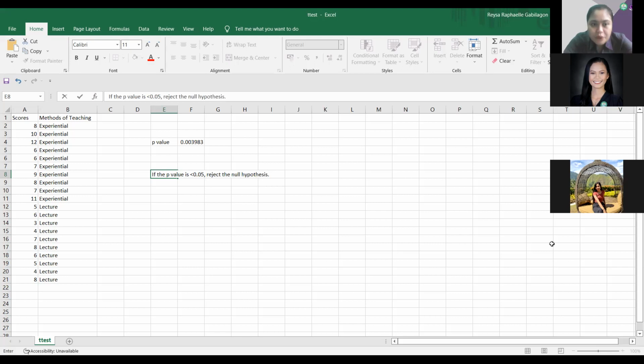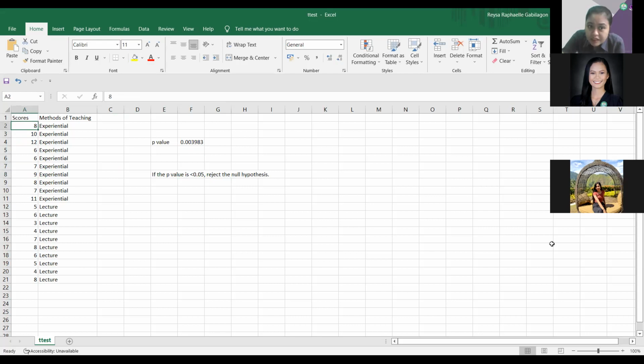If it is the other way around, syempre, if the p-value is greater than 0.05, then you have to accept the null hypothesis. So in this case, since the p-value is 0.003, or if we round it off 0.004, then that is lesser than, right? Lesser than 0.05. So yes, we are rejecting the null hypothesis.